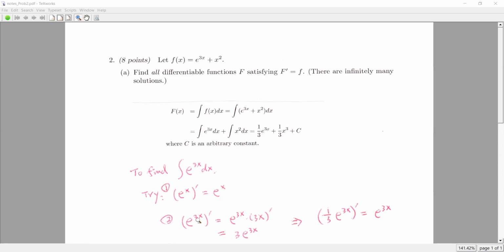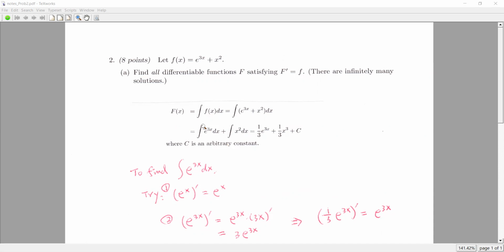Derivative of e to 3x by the chain rule is this. 3x derivative is number 3. Now, move the number 3 to the left side, then I have this equation. This equation says that this function is an antiderivative of this function.